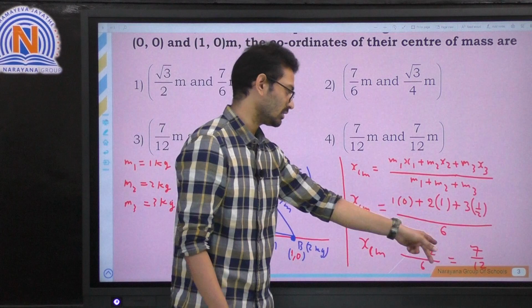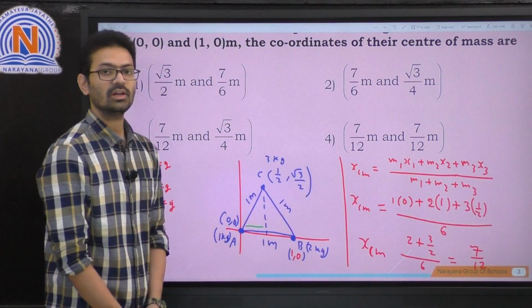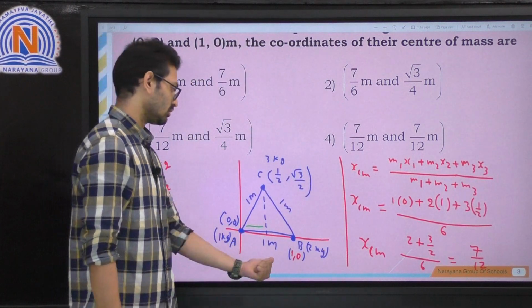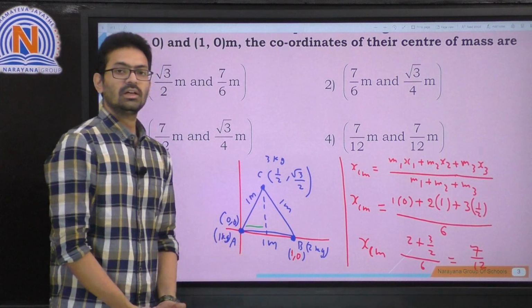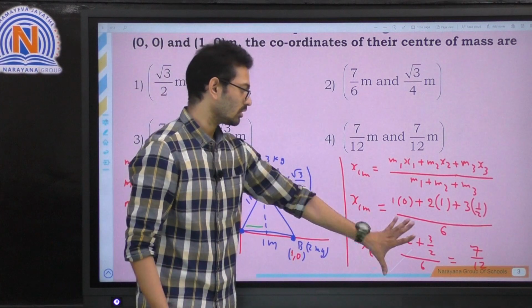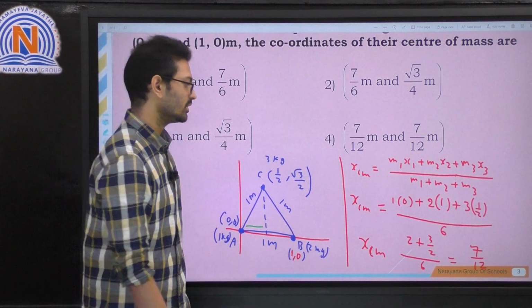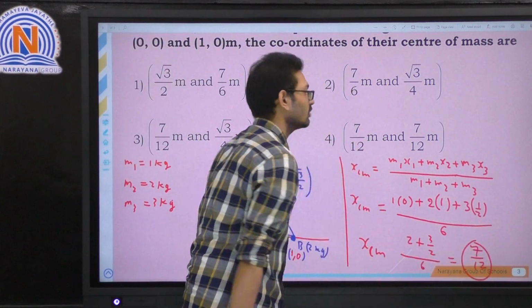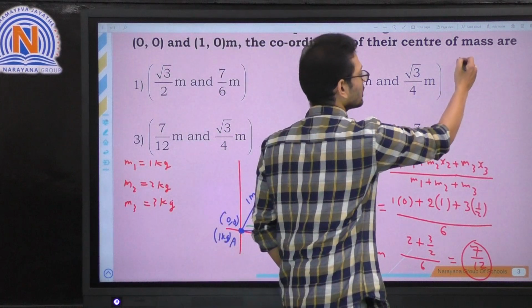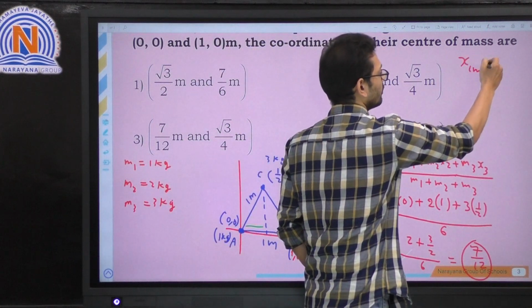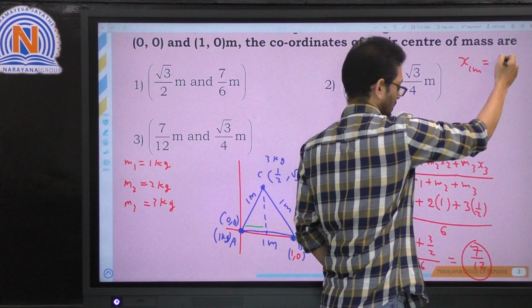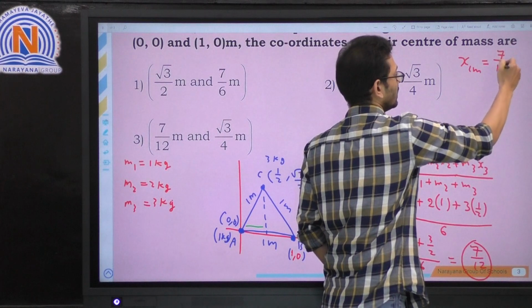Sorry, a small calculation mistake. The given data while writing I have taken is wrong. So you change that as 1 comma 0. So you are going to get 7 by 12 as your answer. So x center of mass is found, which is 7 by 12. I will write it down to a side.